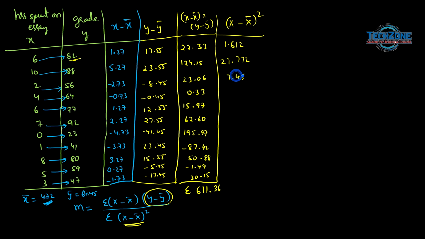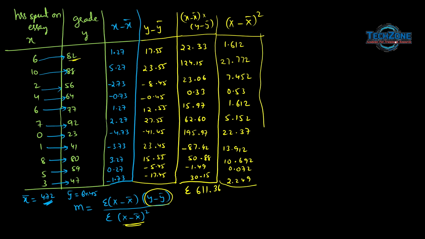Then 7.452, 0.53, 1.612, 5.152, 22.37, 13.912, 10.692, 0.072 and 2.249. And sigma of this is equal to 94.18.